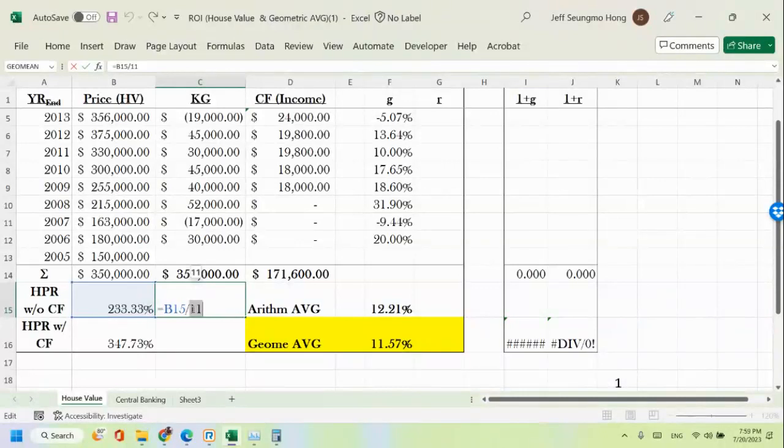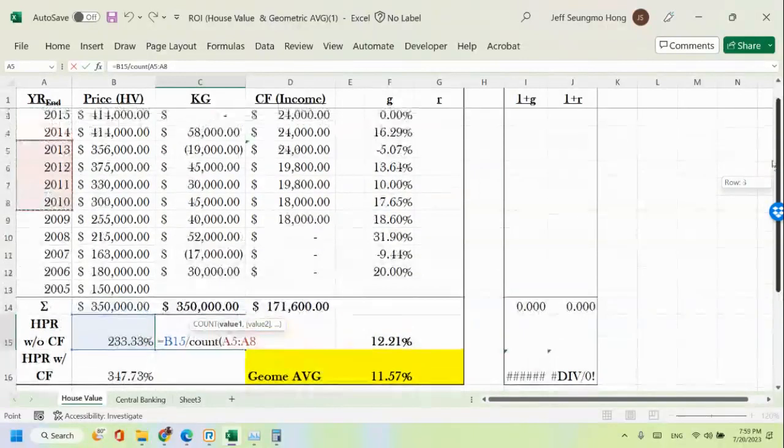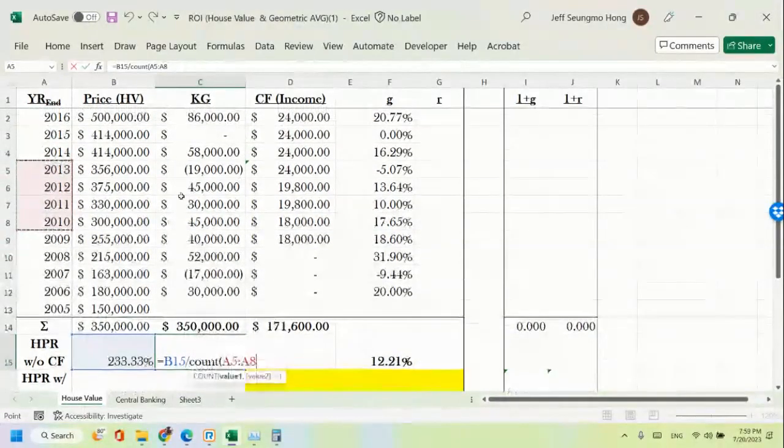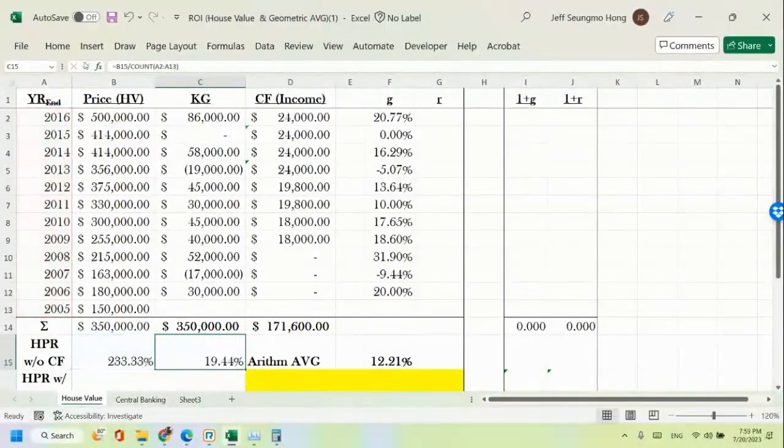So normally, I would use the count command and let it count the number of years like this. Okay.